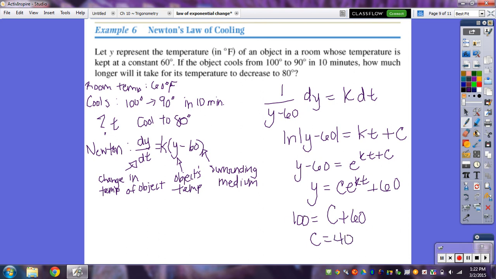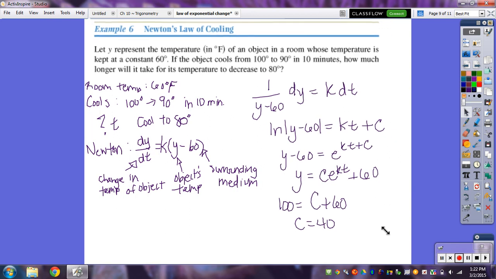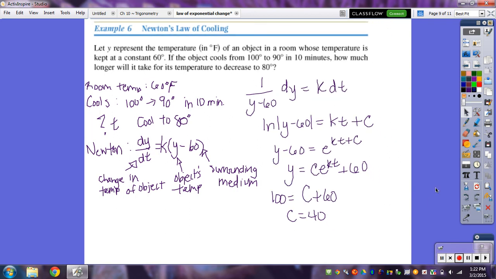And so I want to now update my model, my equation here, to reflect that information I just found. And so I would have y equals, instead of c, I'd have 40 e to the kt plus 60.